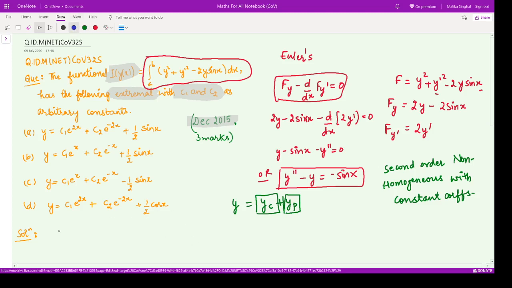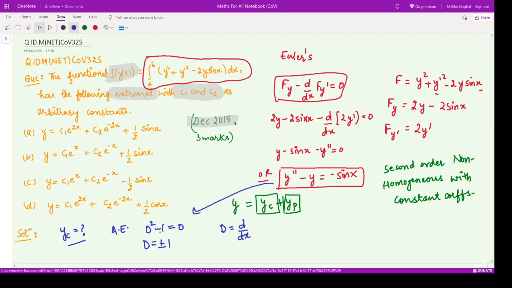Firstly, we will calculate the complementary solution yc. How can we calculate that? First of all, we will write the auxiliary equation corresponding to the given equation, which would be d square minus 1 is equal to 0, where what is this d? This d is the first derivative with respect to x. So solving this equation gives d is equal to plus minus 1.